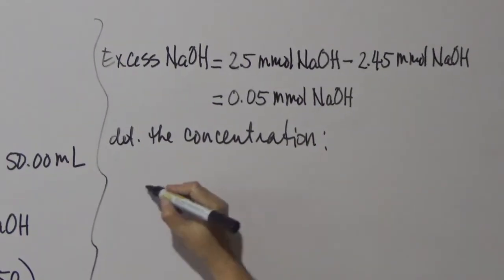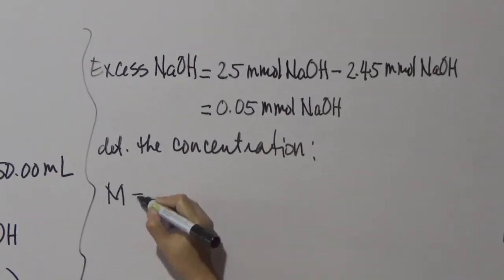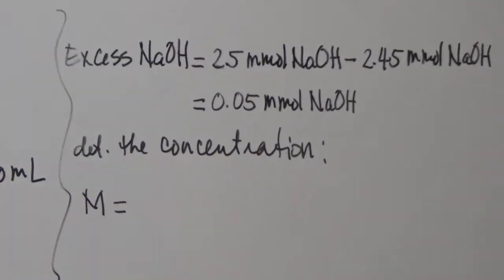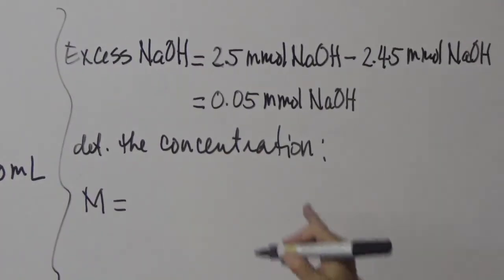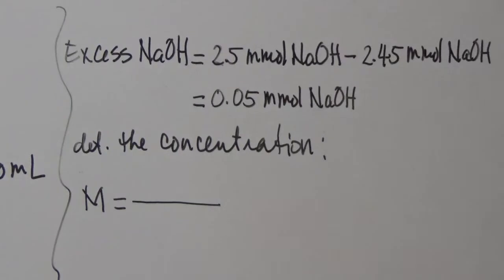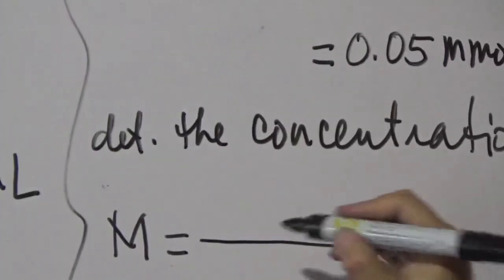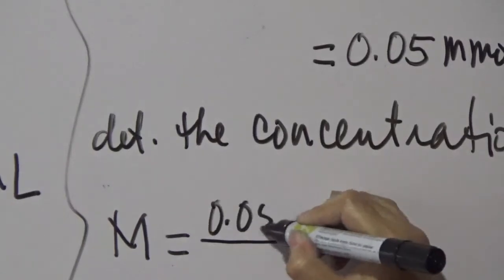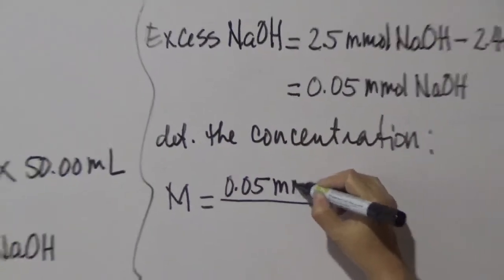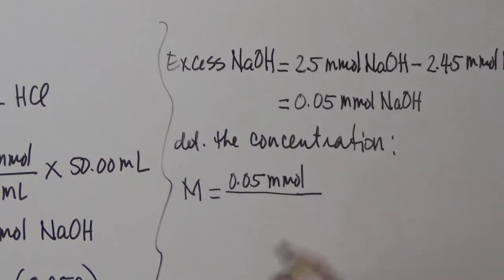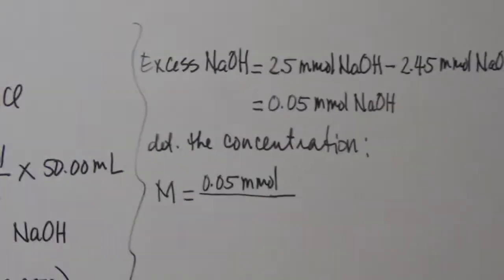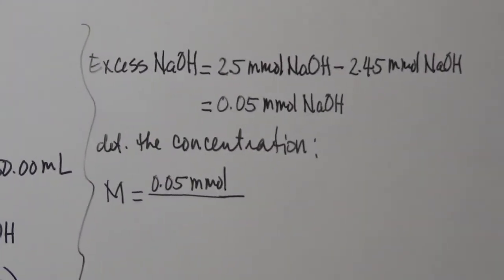The concentration will be in molarity, millimoles per ml. It is sodium hydroxide still that is present in the flask, which is 0.05 millimole divided by the total volume of the solution inside the flask.